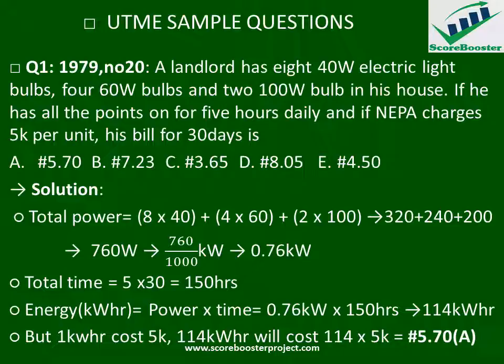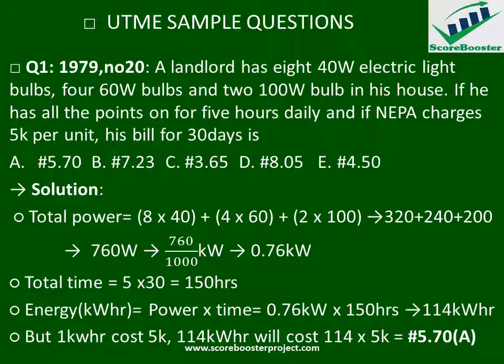So 8 times 40 will give us 320, plus 4 times 60, which is 240 watts, plus 2 times 100, which is 200 watts. So giving us 320 plus 240 plus 200, that would be 760 watts.